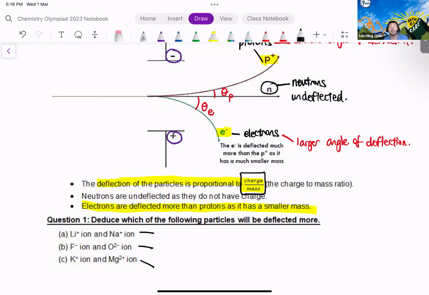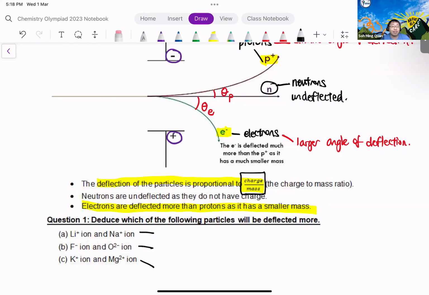Okay, 4 responses. Okay, 5. Okay, good, most of you have responded.